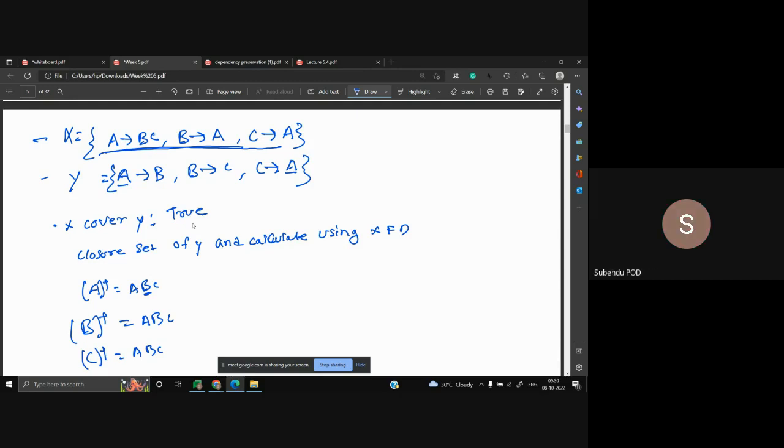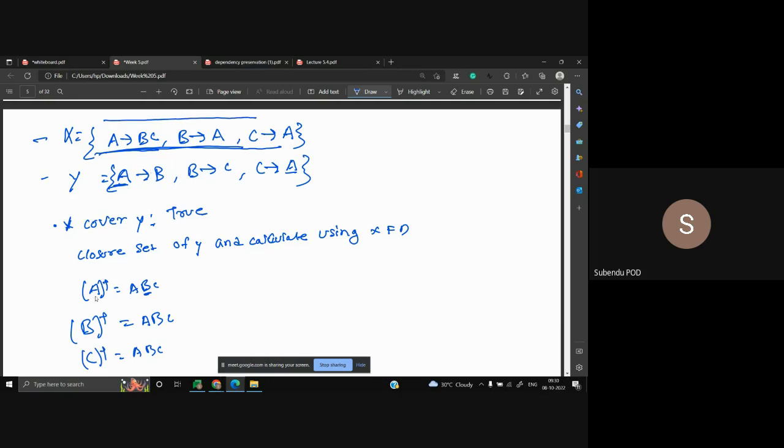Up to this, it is clear how to find X covers Y. That is because Y has only the elements A, B, and C. X covers Y means you have to find the closure set of Y. You have to find the A closure, B closure, and C closure using the X functional dependencies.